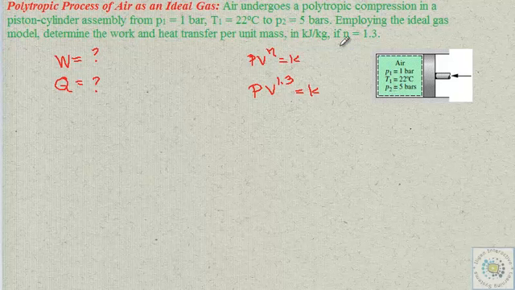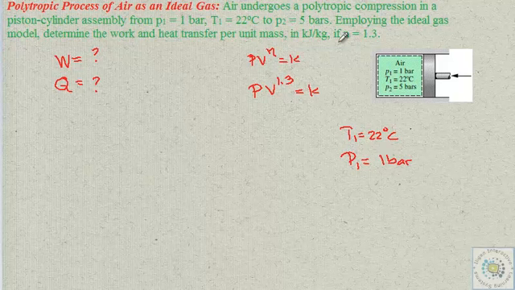Since we're looking for work per kilogram, let's have here T1, which we know to be 22 degrees Celsius, and P1 will be 1 bar.